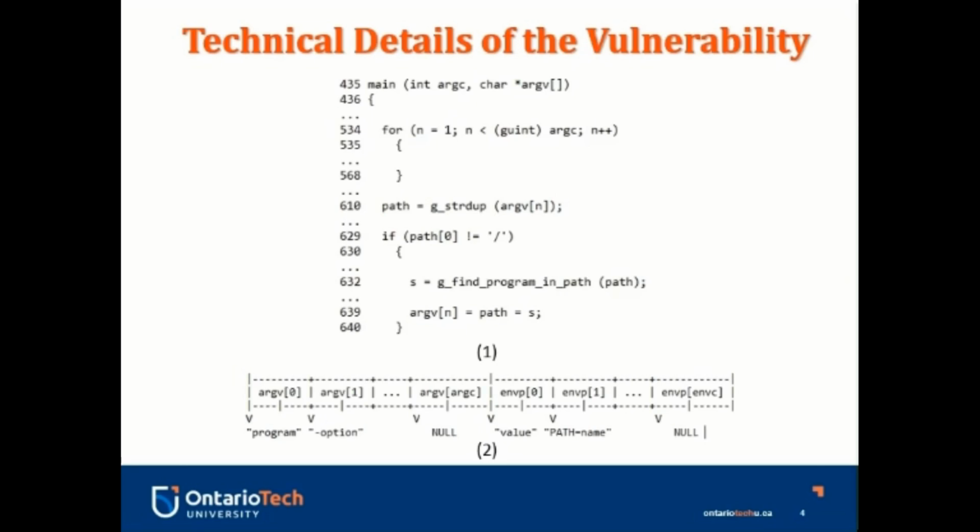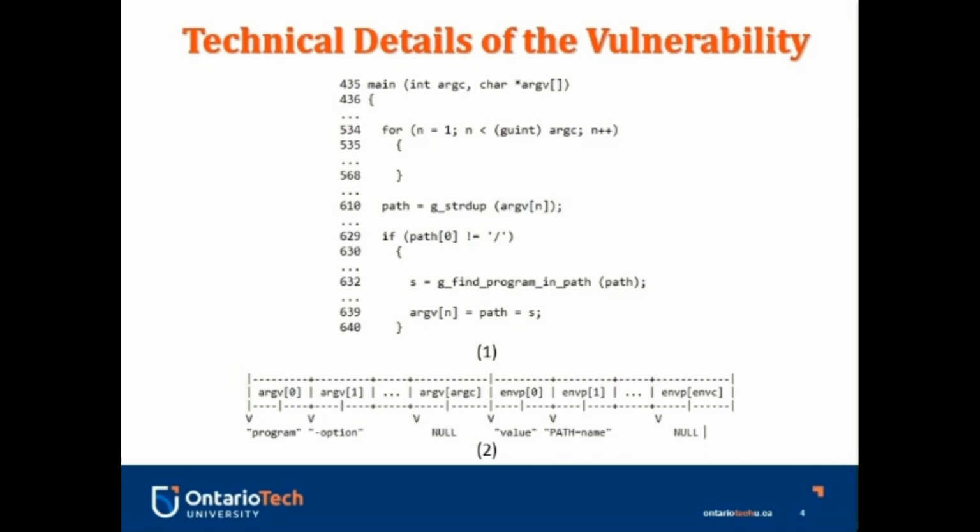If such an executable file is found, its full path is returned to the pkexec main function at line 632. Finally, at line 639, this full path is written out of bounds to argv[1], thus overwriting our first environment variable.